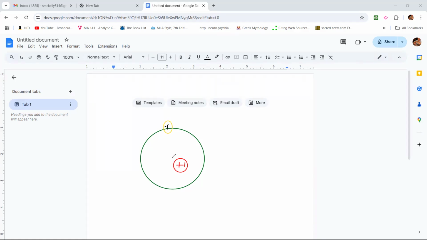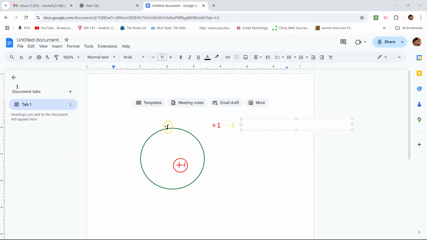So +1 and -1 is going to give us 0, like you said.